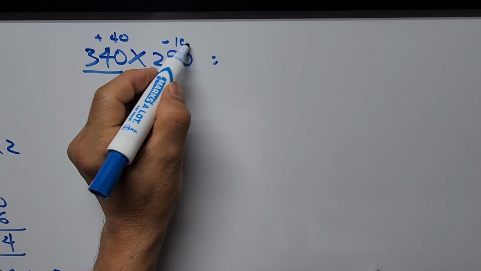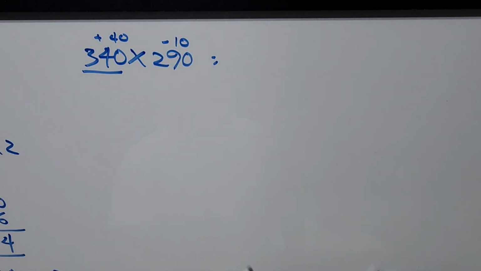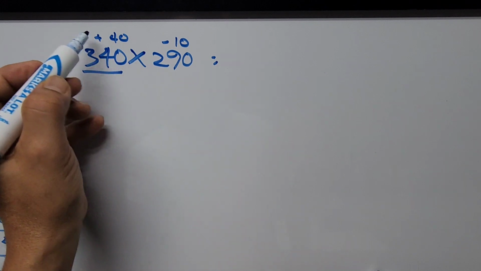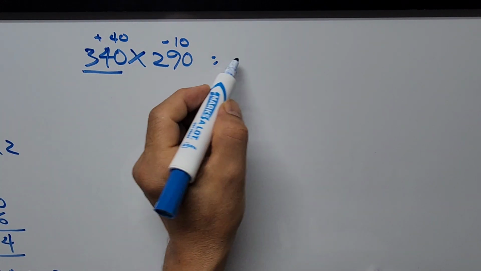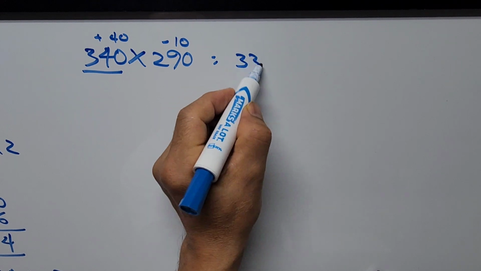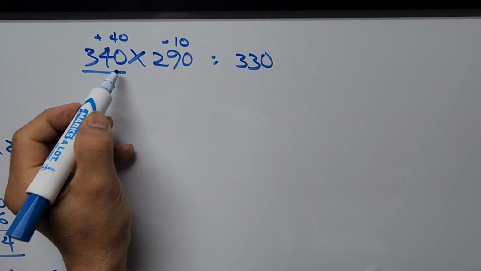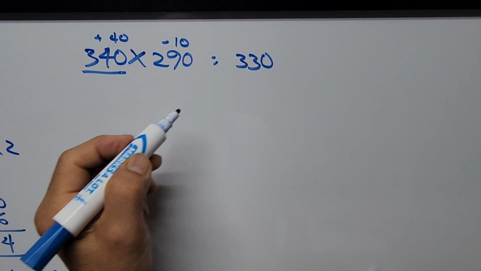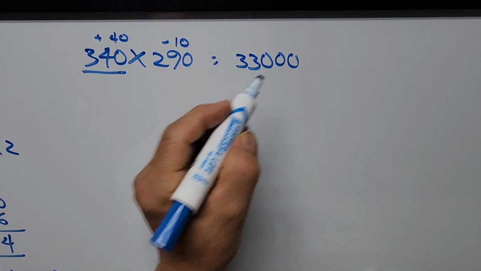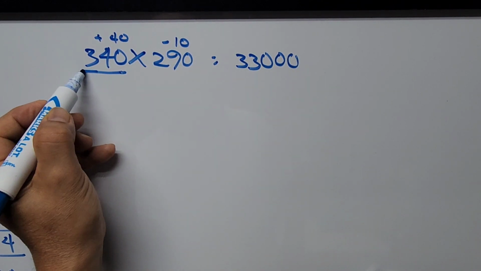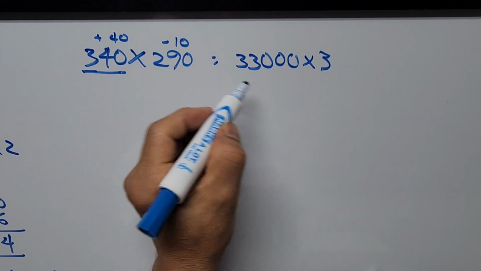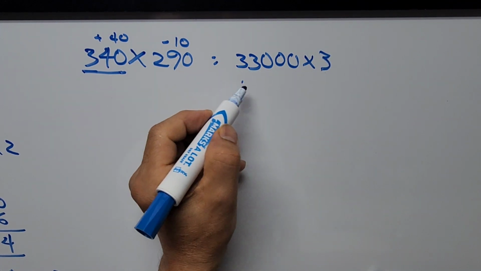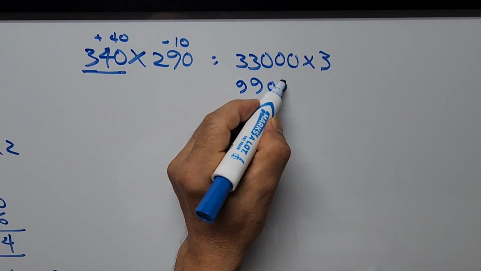So that's minus 10. Okay, first part of our answer. Add these both. 290 plus 40. That is 330. 3-digit number, so multiply it by 100 or just add 2 zeros. And this is base 300, so multiply by 3. So this is now 33,000 times 3, that is 99,000.